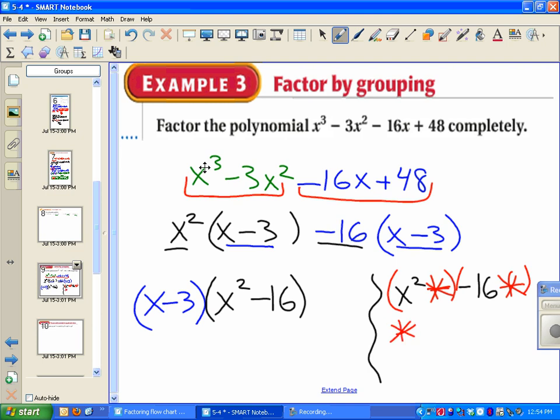And then inside I would get x squared minus 16. Now when I multiply it back out, I would get x squared times star and star times negative 16. So instead of star, it's now x minus 3. And I can explain that more in class as well.